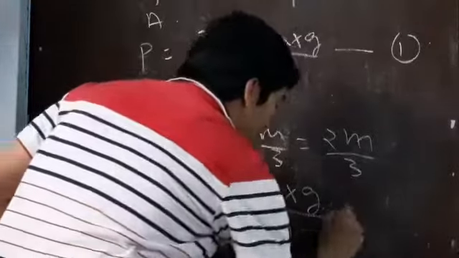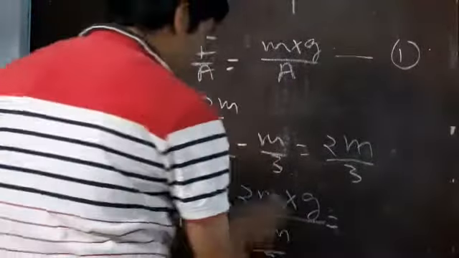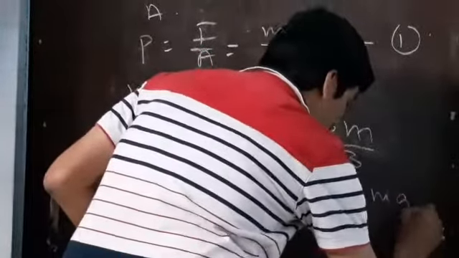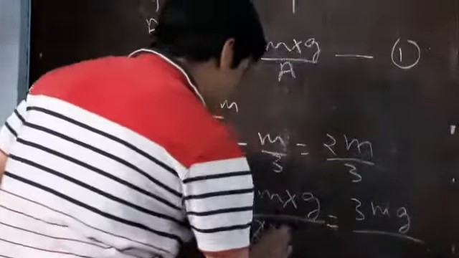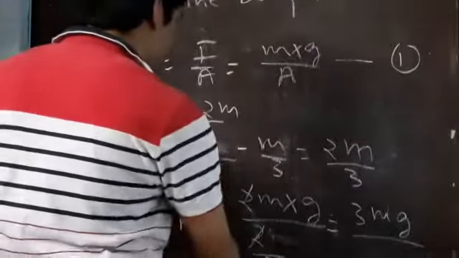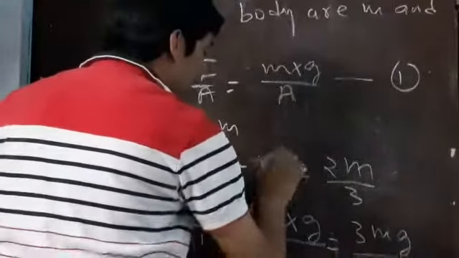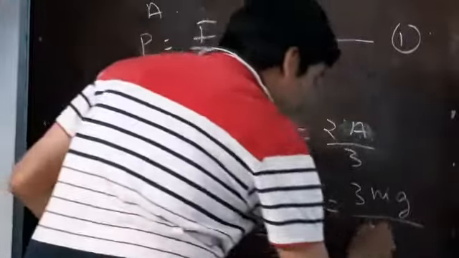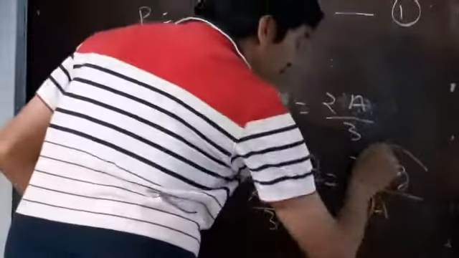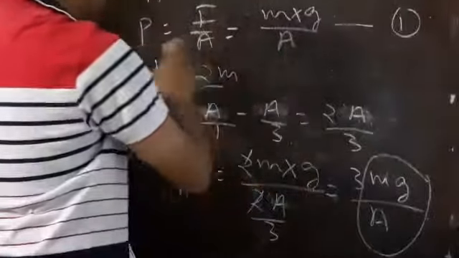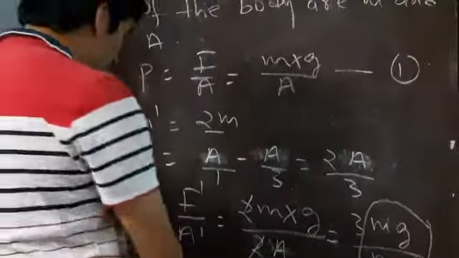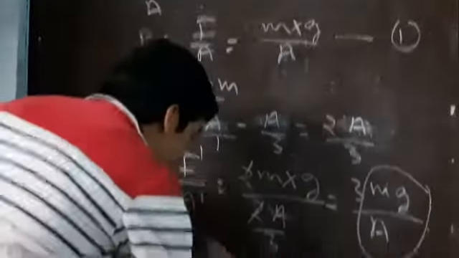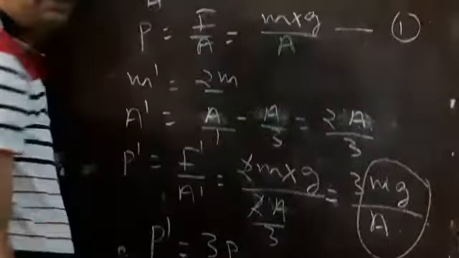Finally we can write it: 2 cancels and 3 goes to the numerator, so it will be 3 mg by A. This mg by A is the original pressure, and now P dash, that means the new pressure, will be 3 times the original pressure.